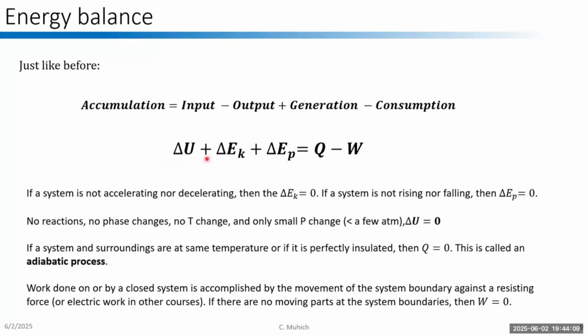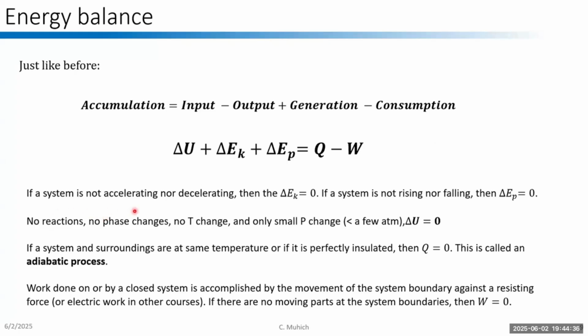So what's the change, sorry, not in the internal energy of the system, what's the change in the kinetic energy, change in the potential energy, and that's equal to Q minus W. This is easy because energy can neither be created nor destroyed, as long as we're not dealing with nuclear systems.